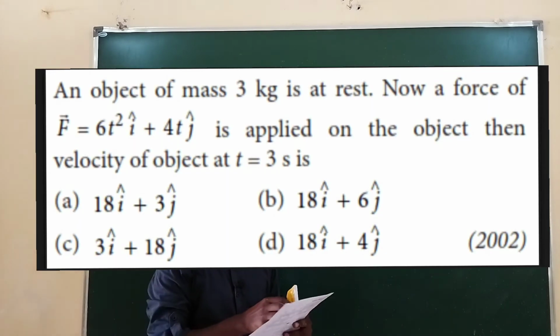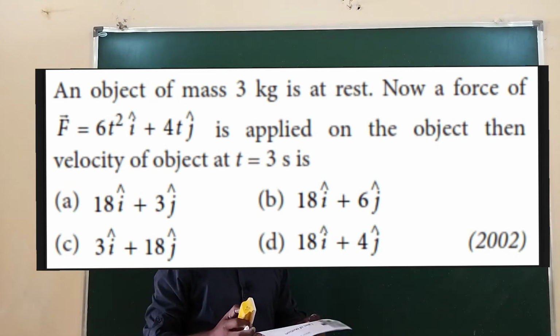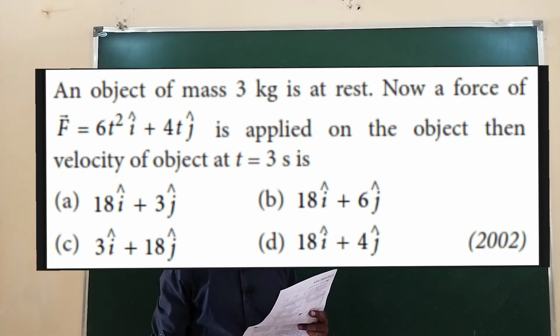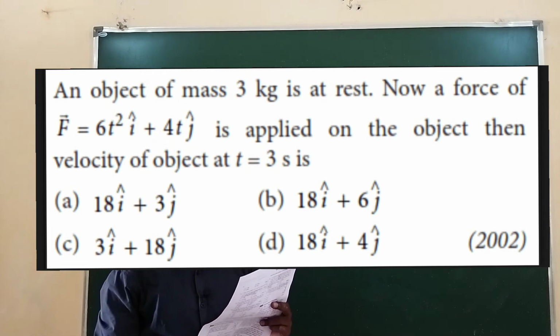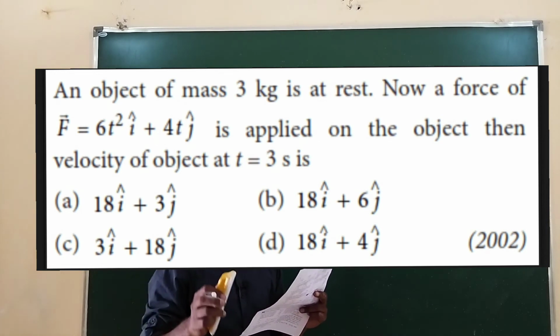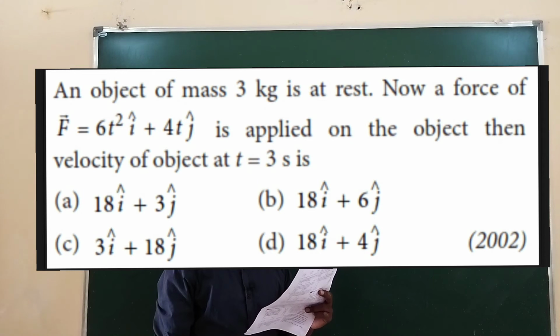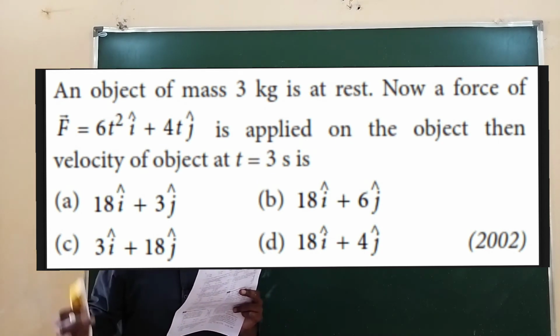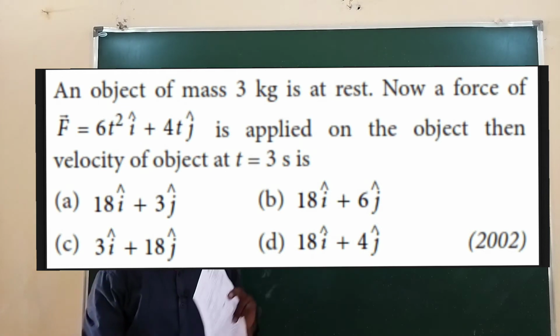Now, next question. An object of mass 3 kg is at rest. Now, a force of F is equal to 60 squared i cap plus 40 j cap is applied on the object, then the velocity of the object at t is equal to 3 seconds is. What we have to find?